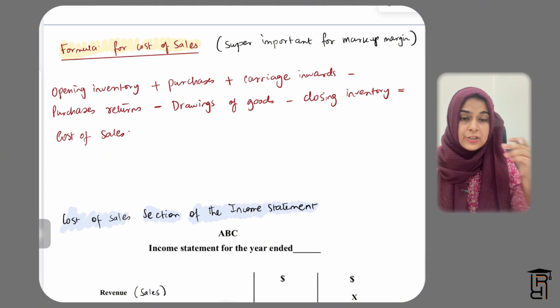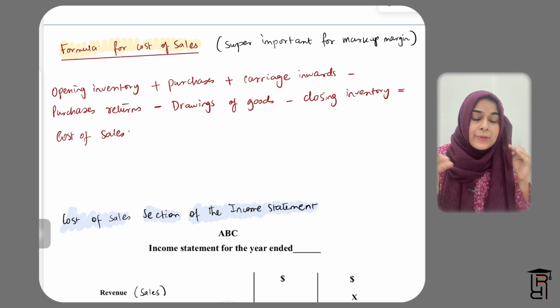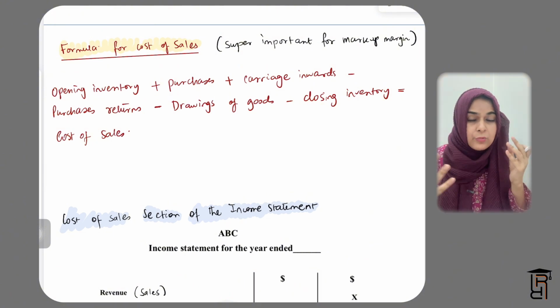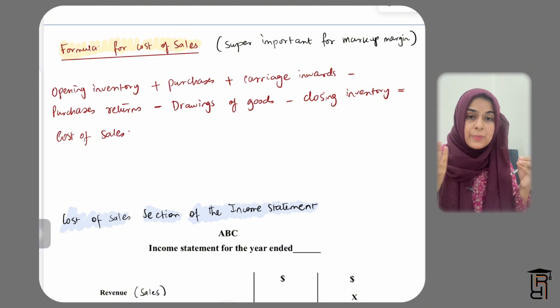Whatever inventory we had at the start, we purchased more inventory, so that increased the cost of our inventory in the warehouse. Carriage inwards we always add, because it is basically the cost of transportation that you are paying to bring the inventory to your warehouse. So that becomes part of the cost.